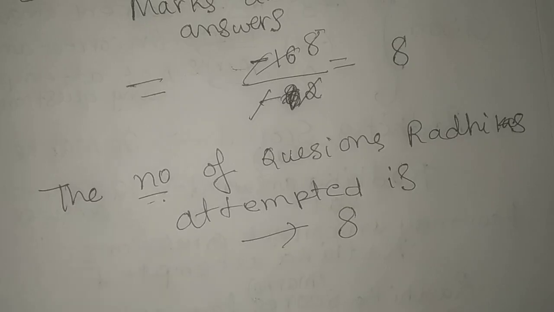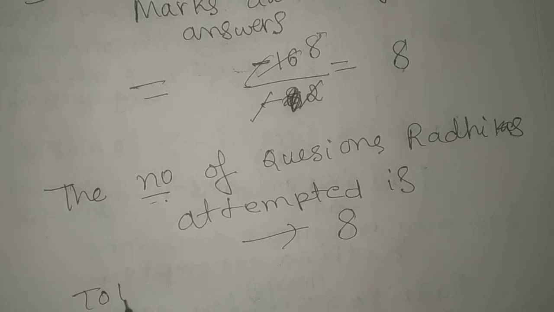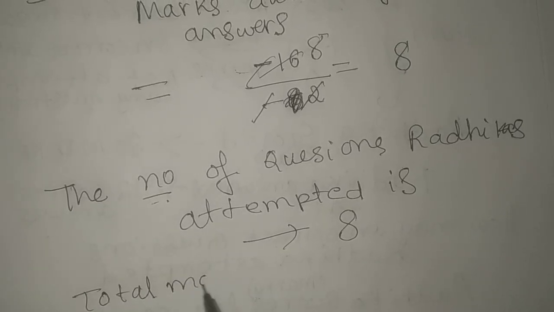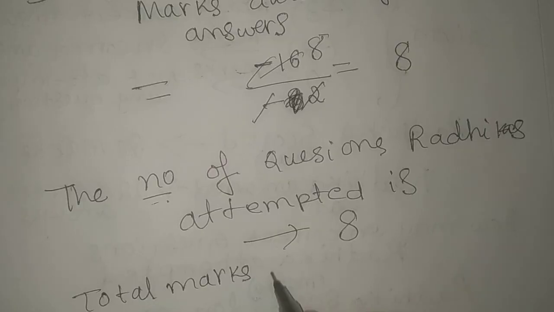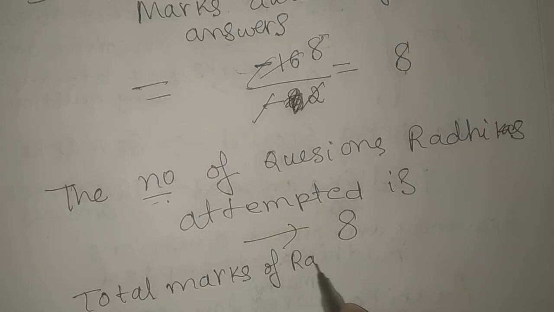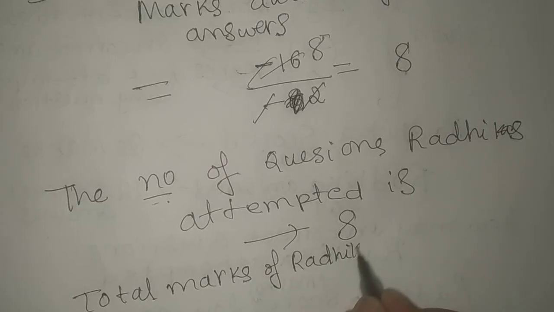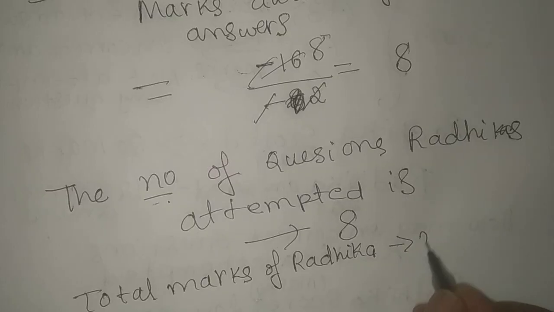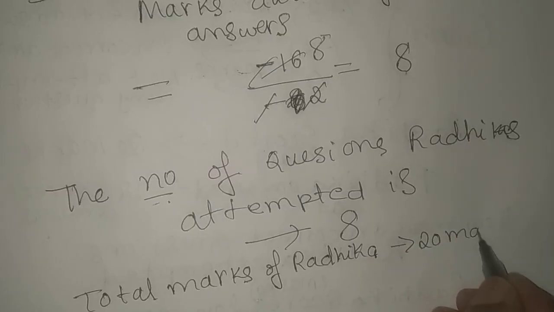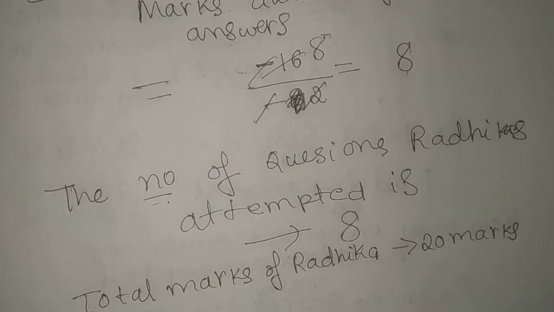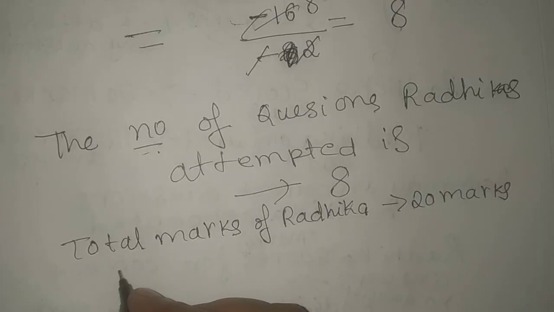So what are the total marks? Total marks of Radhika is 20.